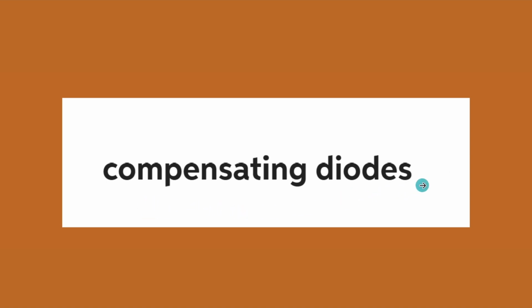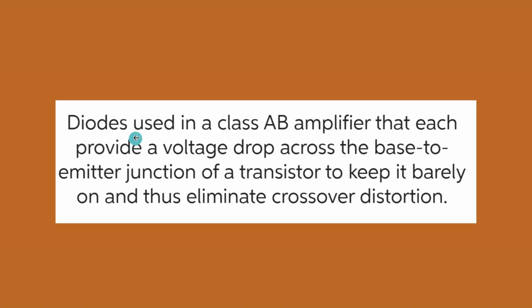Compensation diode, sorry, compensating diode. All right, my apology for saying that before. Compensating diodes are diodes used in a class AB amplifier that each provides a voltage drop across the base to emitter junction. So what did we understand from there?